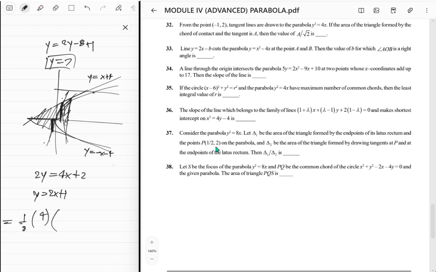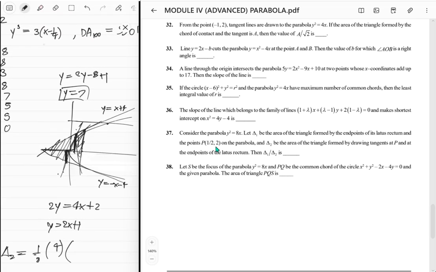Put x is equal to minus y minus 4 in this thing. So y is equal to minus 2x minus 8. So that's... 2y minus 8 plus 1. Yeah, that should make sense. So 3y is equal to negative 7. So we just got negative 7 third as the y coordinate.